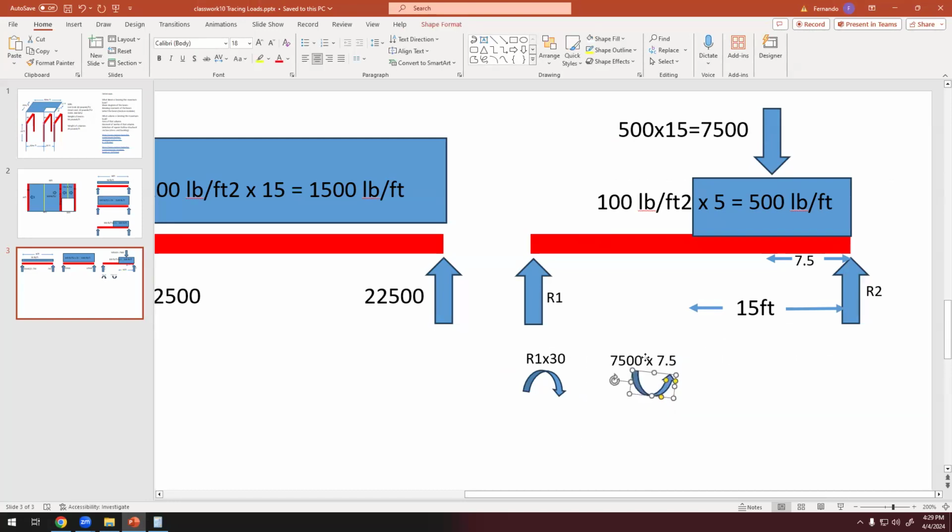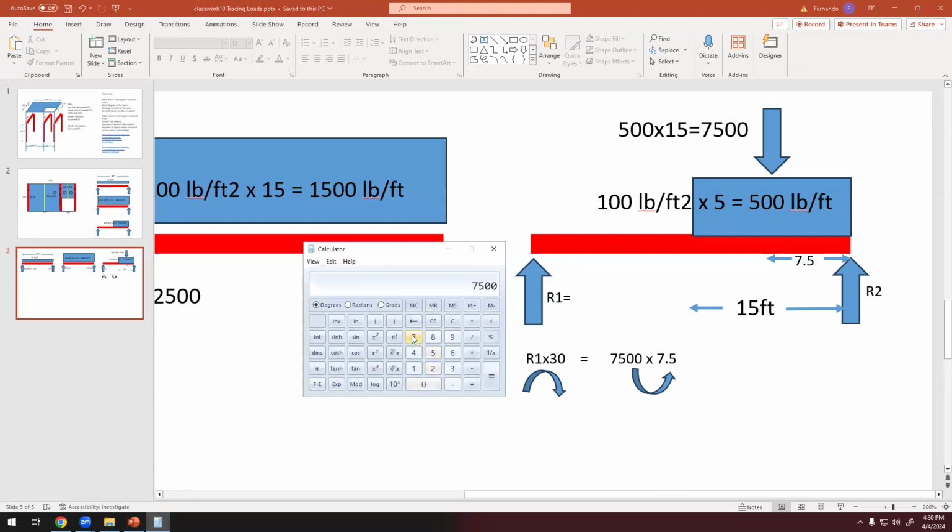Okay, so if we have this equilibrium, that means that this equals that. So now we can calculate R1. So R1 would be 7,500 times 7.5 divided by 30.